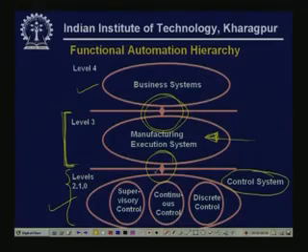And once these are handed down to the supervisory control system, the supervisory control system can act according to that schedule and execute the steps that are required to do the physical manufacturing, right.